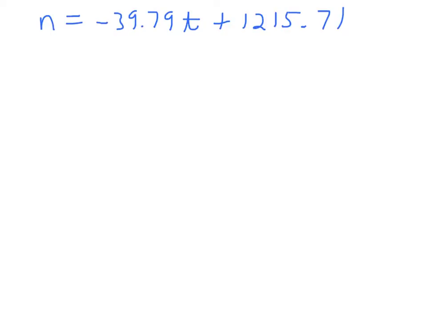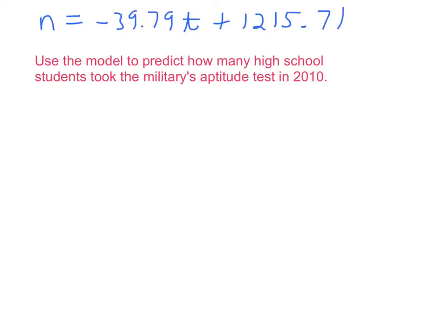Now the nice thing about having an equation of a linear model like this is you can use it to make predictions. For example, let's say we wanted to predict the number of high school students who take the military aptitude test in the year 2010. Now remember, t represents the number of years after 1990. So the year 2010 really corresponds to t equaling 20, since that's 20 years after 1990. So all we'll do is substitute a 20 into our model in place of where the t is.